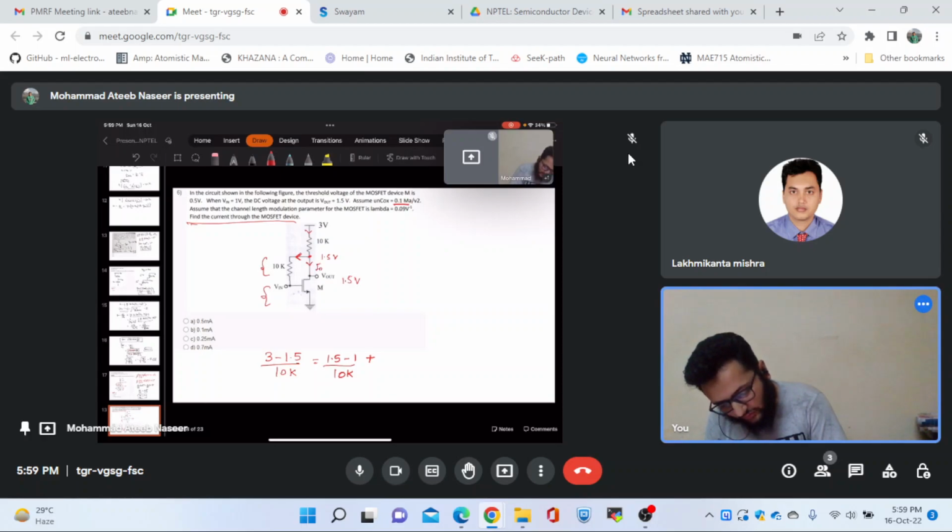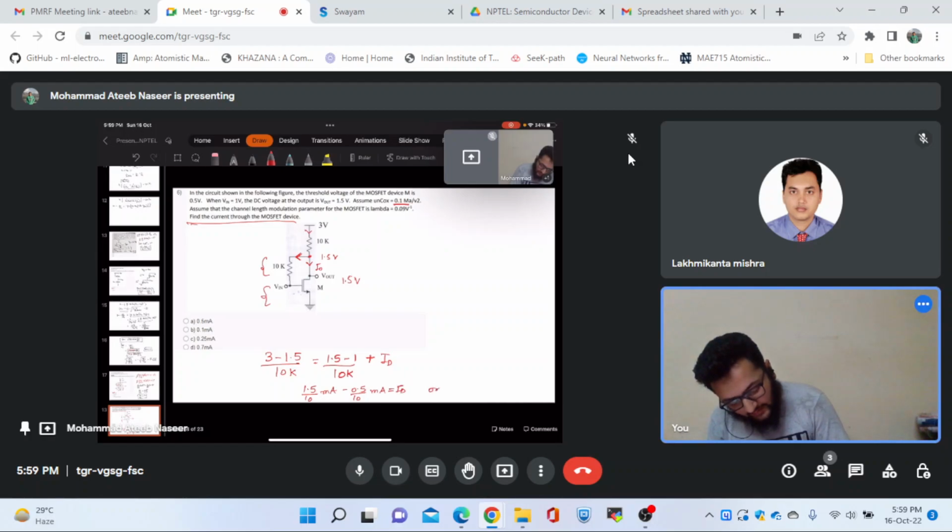Let us denote the current through this MOSFET as ID. So 3 minus 1.5 is equal to 1.5, and this is equal to 0.5. So it is equal to 1.5 divided by 10 milliamperes minus 0.5 divided by 10 milliamperes is the ID.